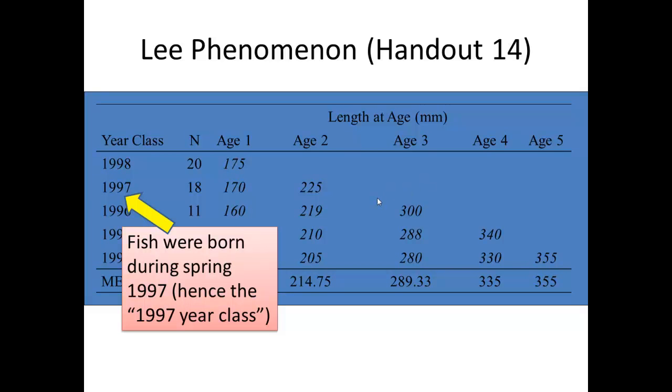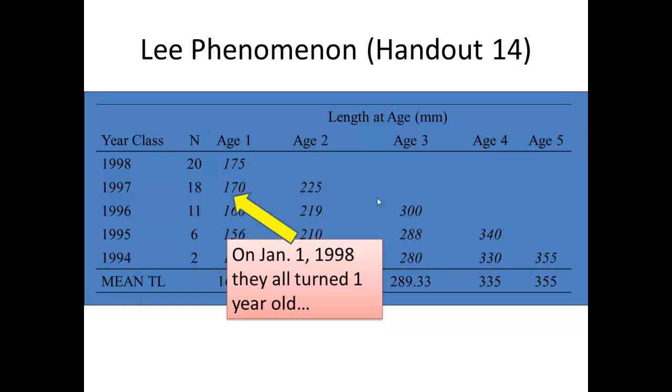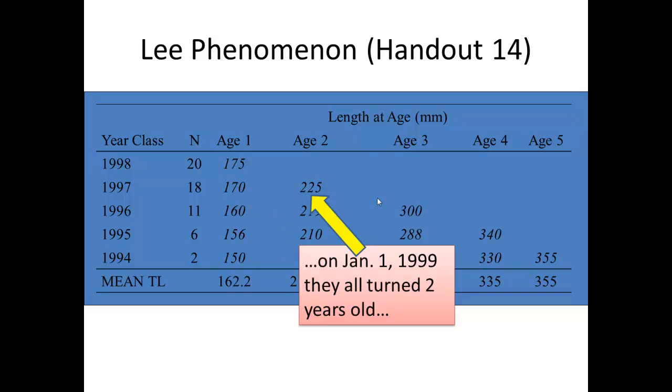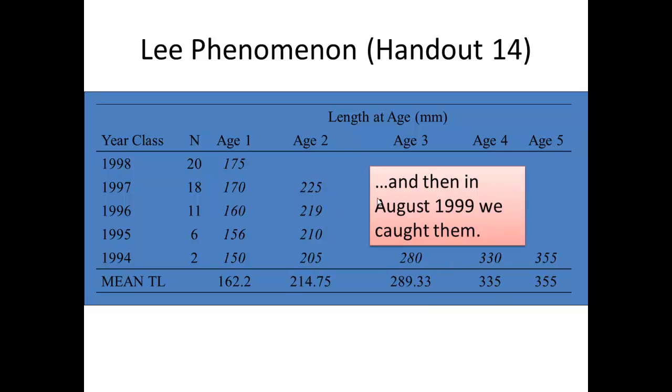So they were born during the spring of 1997. On January 1, 1998, they all turned 1 year old. On January 1, 1999, they all turned 2 years old. And then in August of 1999, we caught them, and they were 2 years old.